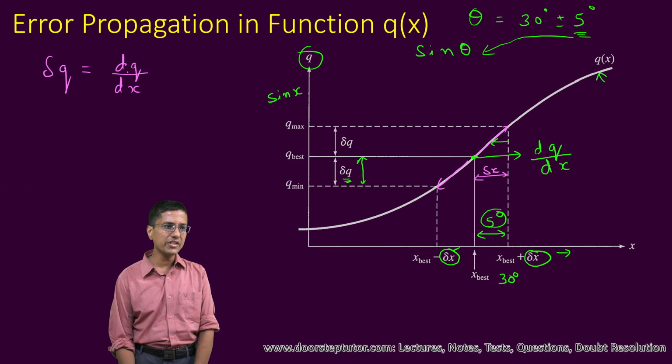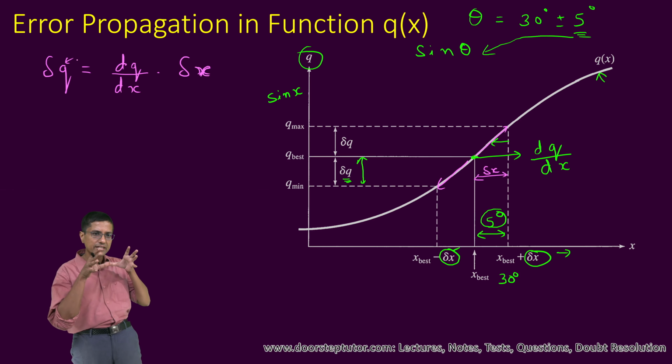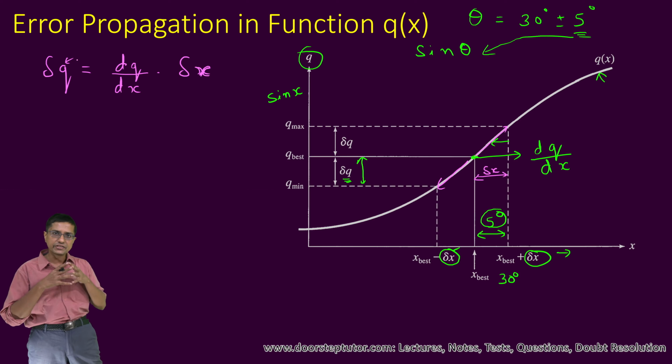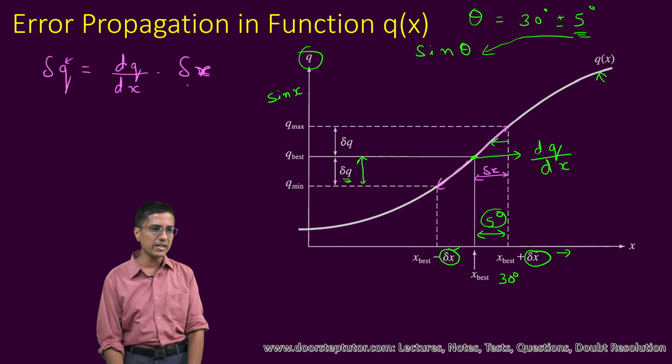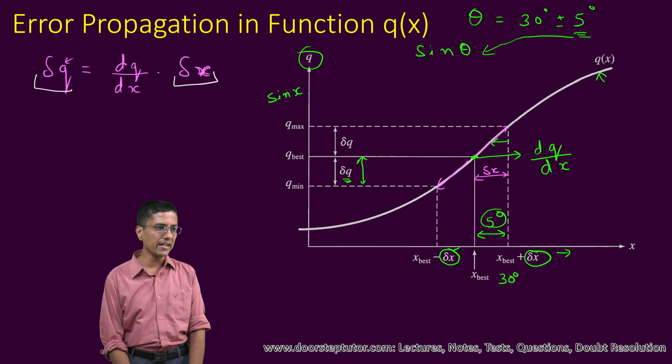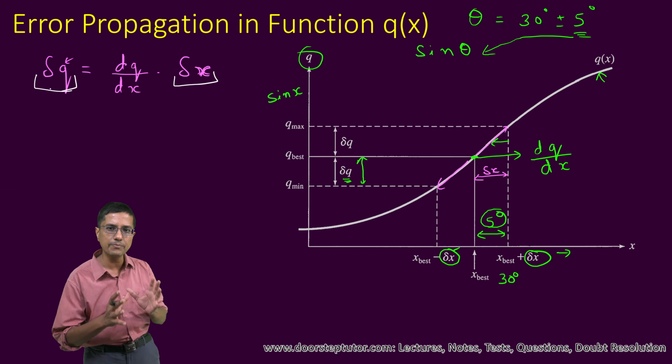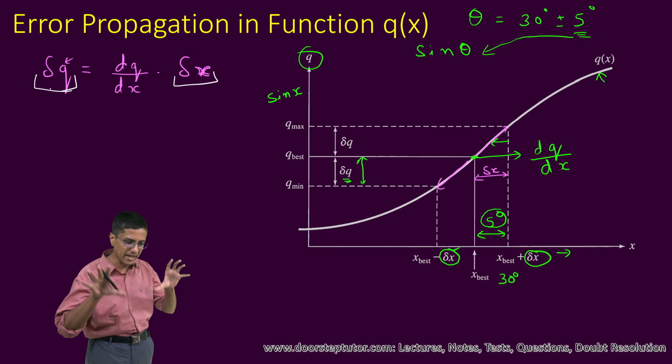So for a unit change in x, this is the change in q. So for a delta x change in x, this will be my change in q. Okay, so we are just using this derivative formula dq by dx to translate the error in x into the error in q. So that is a very simple idea behind this entire video.